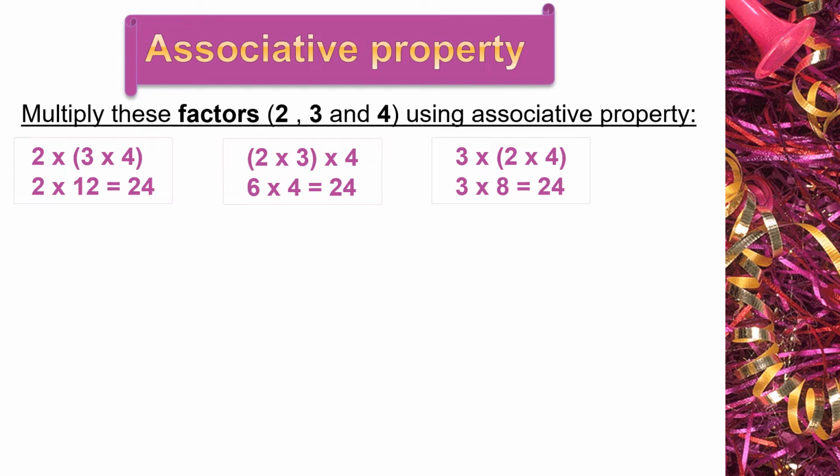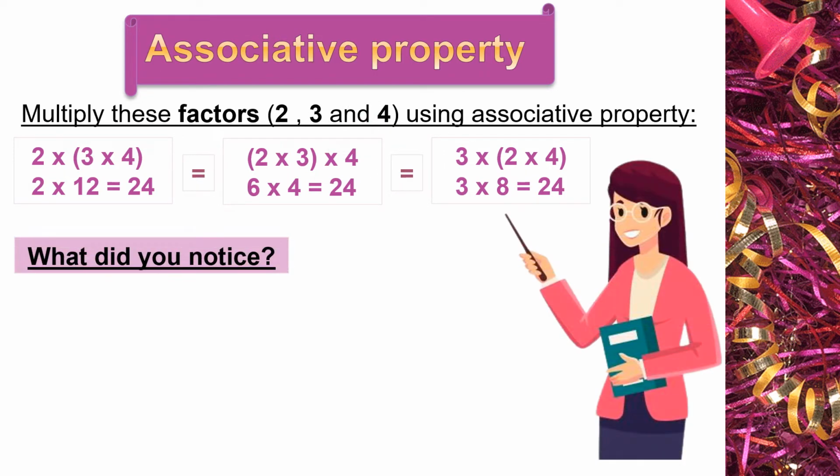Also 24? Yes. What did you notice here? All of them give me the product, which is 24. All of them have the same product. Okay? And our teacher here asked us, what did you notice also?